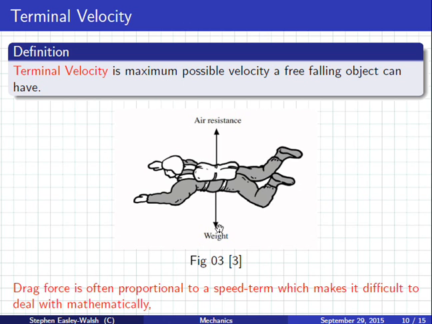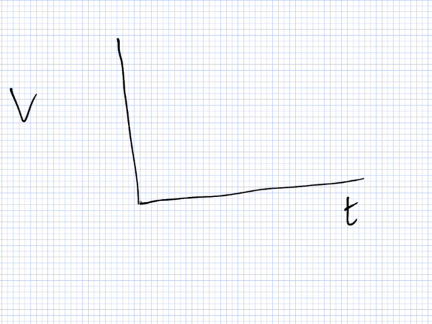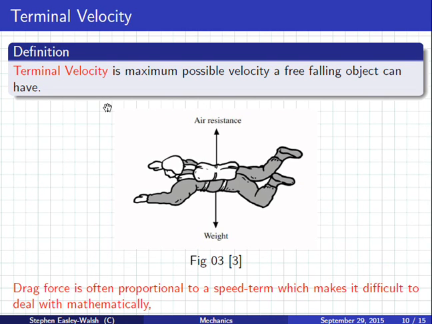If you look at the graph, this is what it looks like. Time, velocity. He goes faster, faster, faster, but then he reaches a constant speed. This is called the terminal velocity. It's basically the maximum speed. So please note the definition. Terminal velocity is the maximum possible velocity a free-falling object can have.